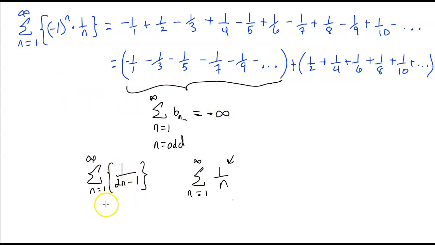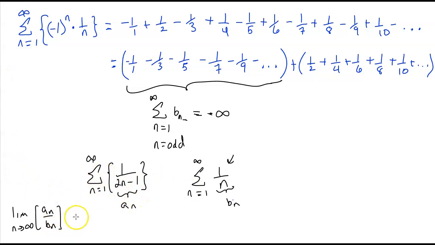And so just to be clear on this, you would consider what's inside of here to be your a sub n. You would consider 1 over n to be your b sub n, and you would be doing the limit as n approaches infinity of a sub n over b sub n. And what you're looking for is to see, is this actually going to equal a real number or not?